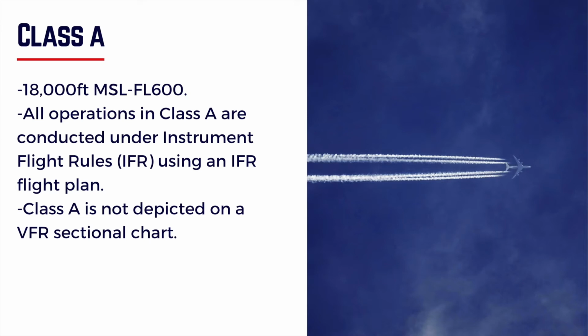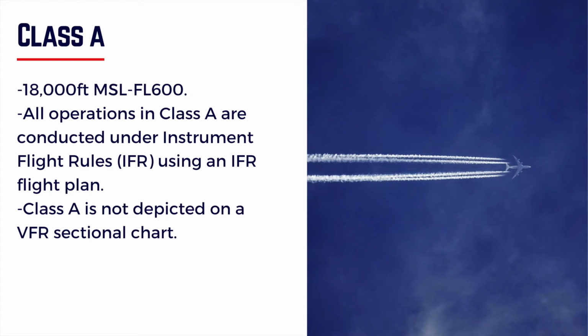All you have to do to change it back to an altitude is add 2 zeros to the flight level number. So if it's flight level 600, I just add 2 zeros and I get 60,000 feet. So Class A goes from 18,000 feet mean sea level to 60,000 feet, also known as flight level 600.